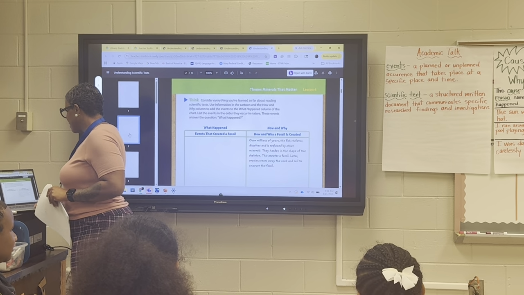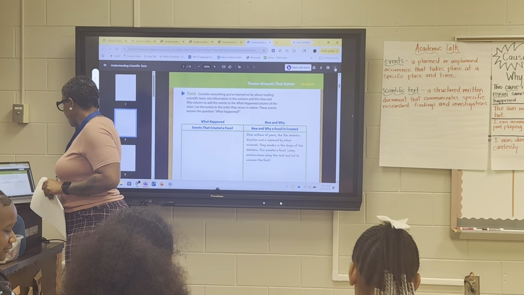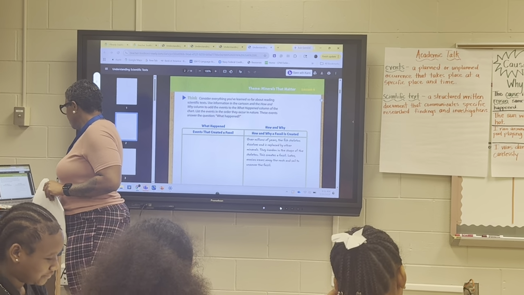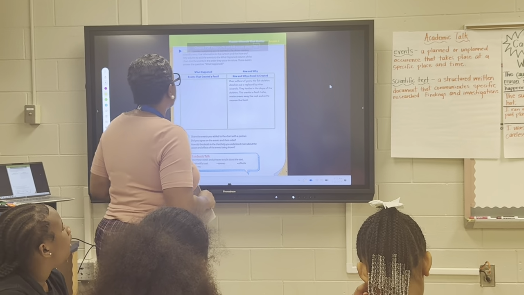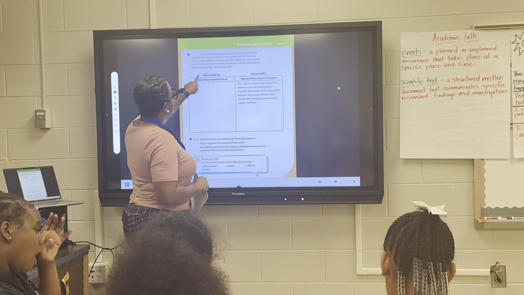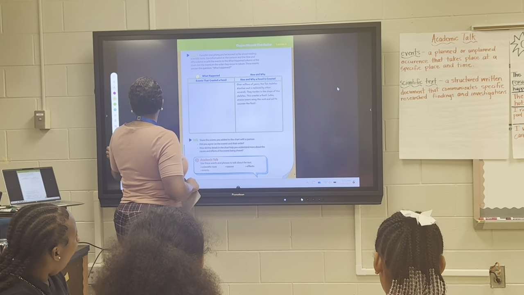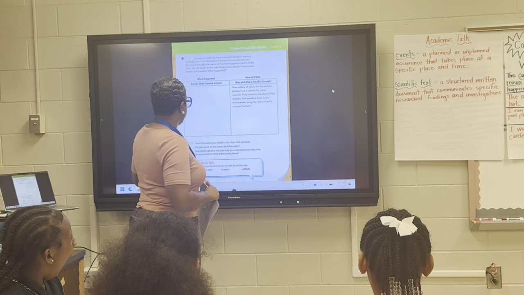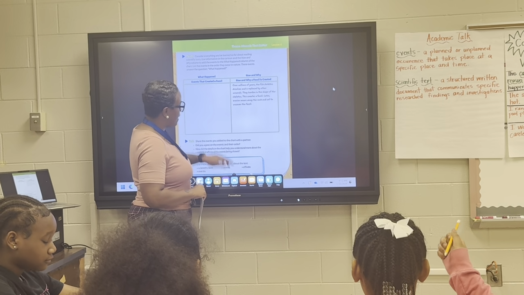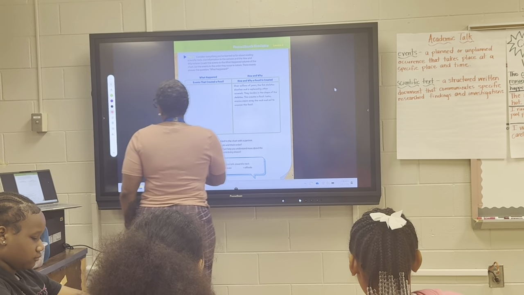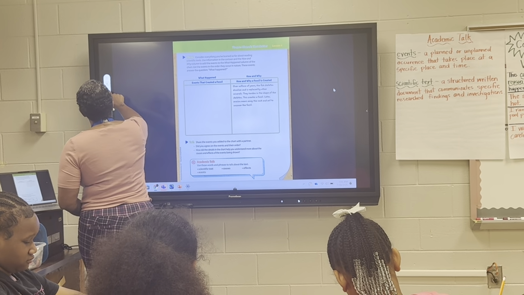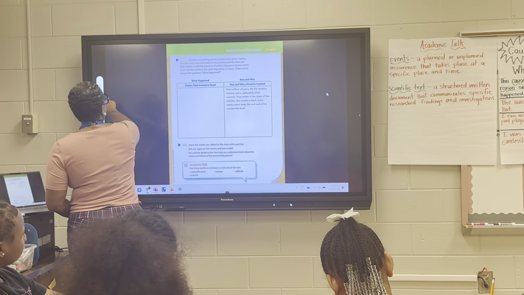All right, so let's look at page 2. Before you begin, and I always do this, I want you to label which one is cause and which one is effect. Is that clear? The what happened, is that the cause or is that the effect? That's the effect. So I want you to write at the top, effect.